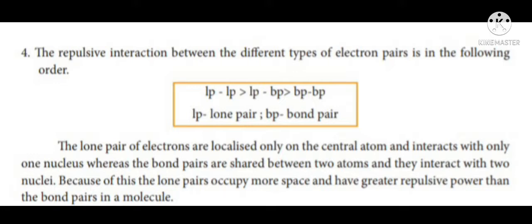Here the lone pair of electrons are localized only on the central atom and interact with only one nucleus, whereas the bond pair electrons are shared between two atoms and they interact with two nuclei. Hence lone pair electrons occupy more space and have greater repulsive power than the bond pairs in a molecule.